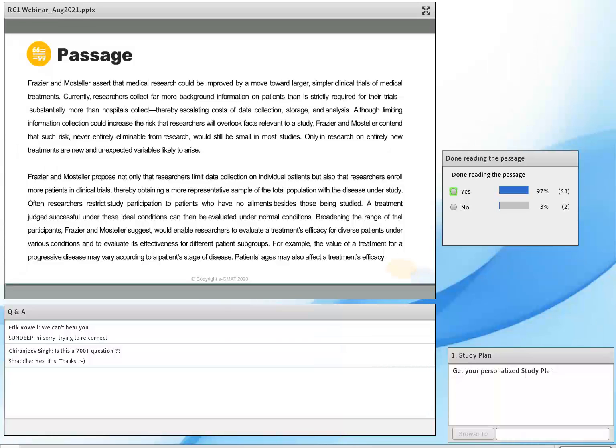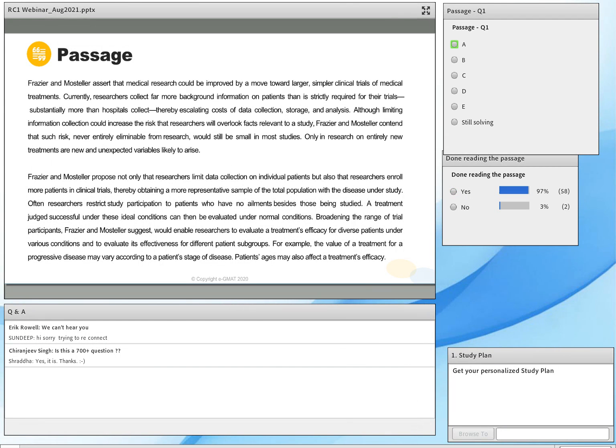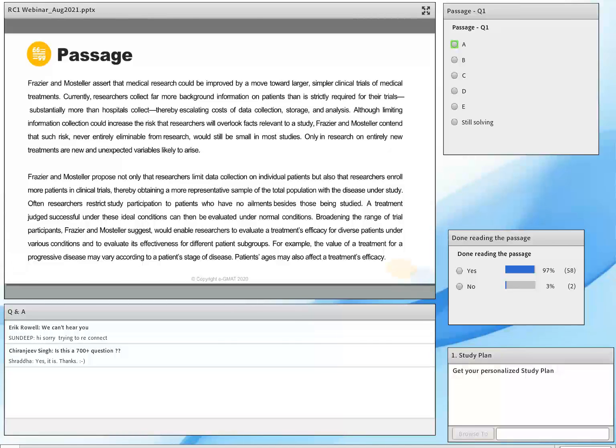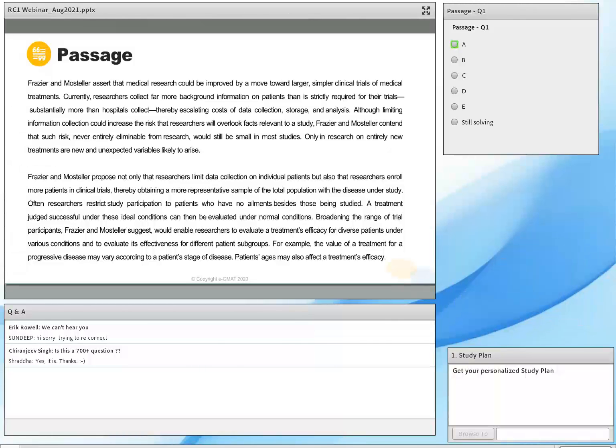All right, I'm bringing in the poll for the first question. Those who have not put in your responses as of yet, could you please click on still solving? In the meantime, I'm going to also bring the passage on the screen so that you can take a look at the passage when you are solving the question.